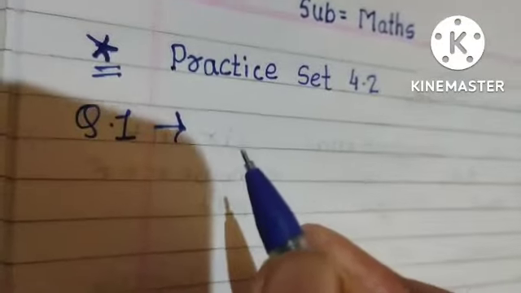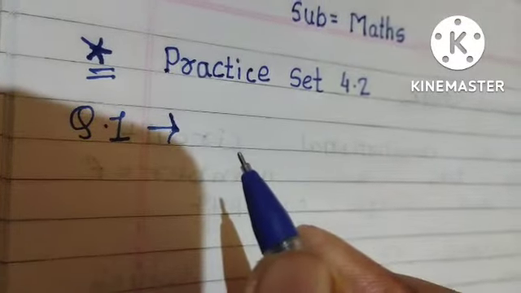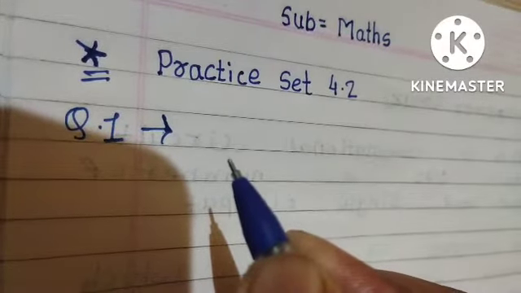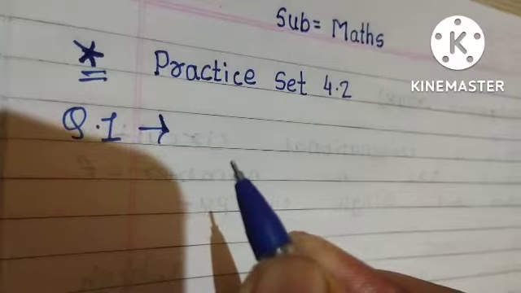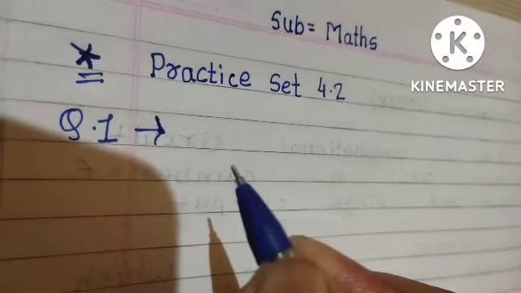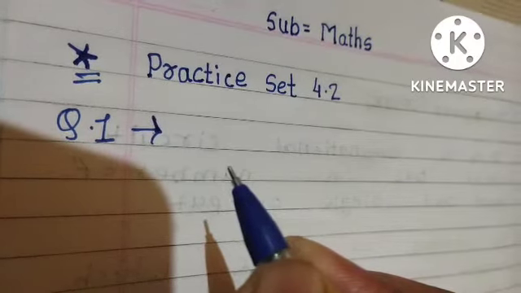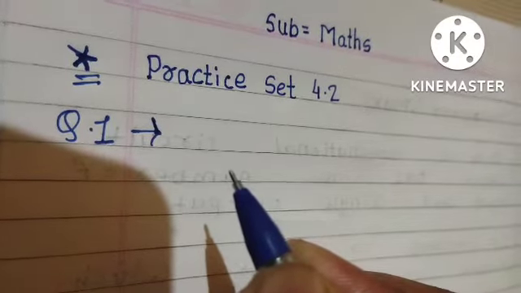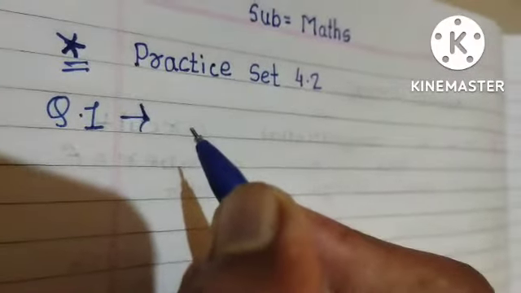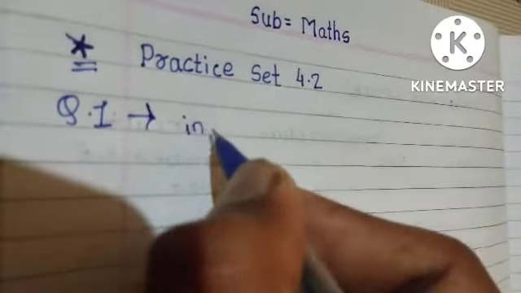Chetna Store paid total GST of 1,500,000 rupees at the time of purchase and collected GST of 1,22,500 at the time of sale during 1st July 2017 to 31st July 2017. Find the GST payable by Chetna Stores. So first of all, let's write what the input tax and output tax are.